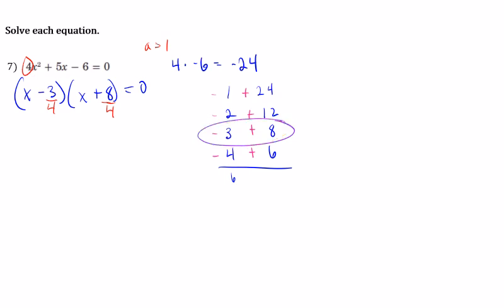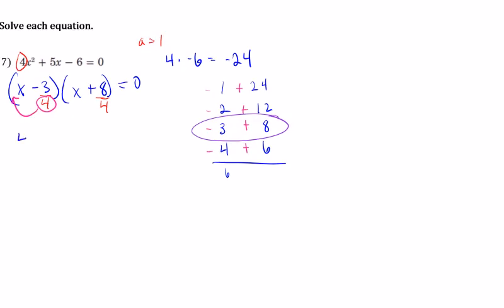So -3/4, that doesn't reduce, so that 4 is going to go to the front, and it's going to become 4x minus 3. Okay, so the numerator stays and the denominator goes to the front, like we saw.